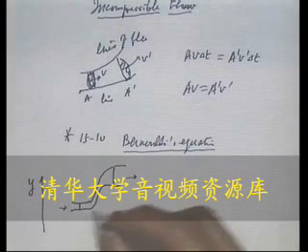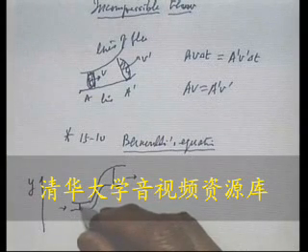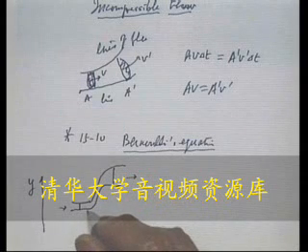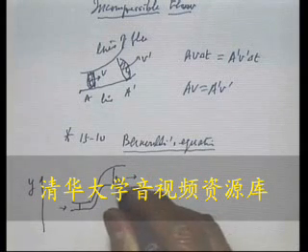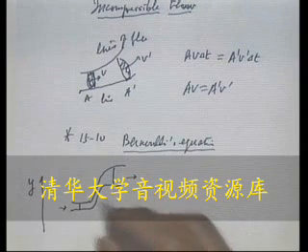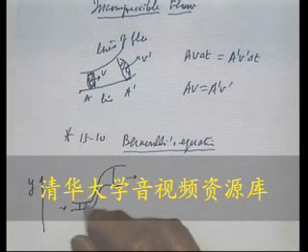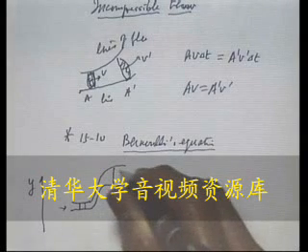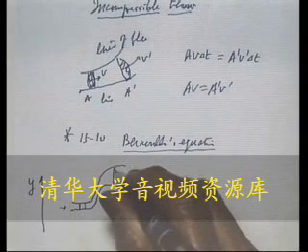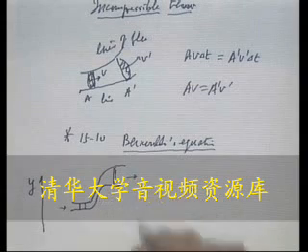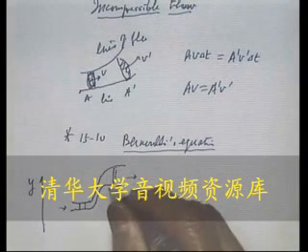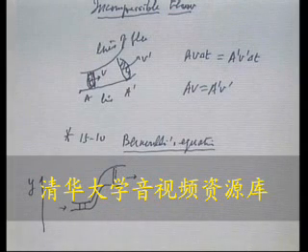We already know that the area here is smaller and the area here is larger, so the velocity here is larger than the velocity here. So let us say after a delta t, this plane goes to here. It goes from the solid line to the dotted line.